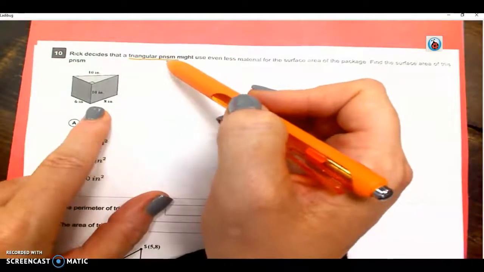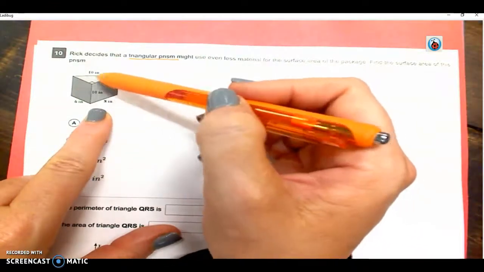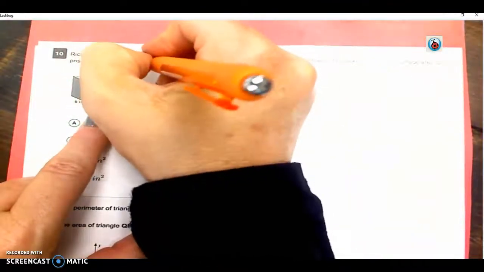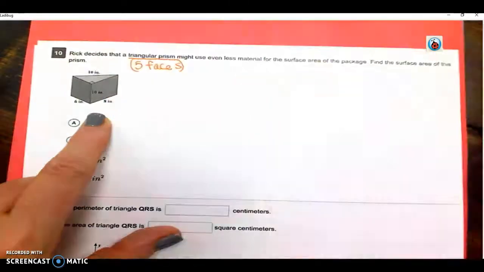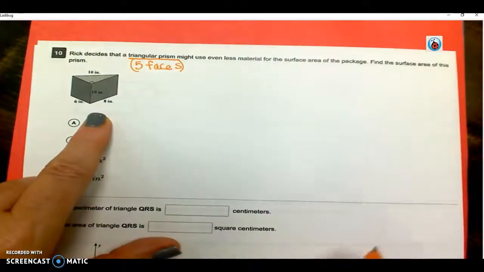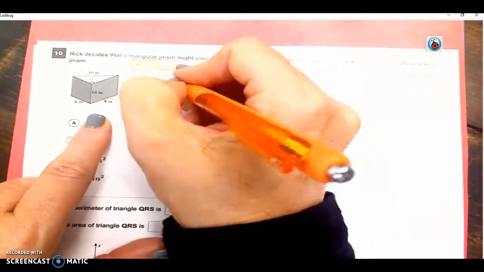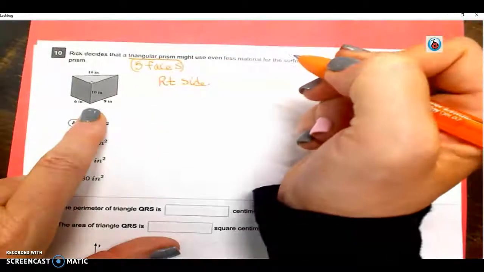Since it's a triangular prism, we know that it has 5 faces, 1, 2, 3, 4, and then the back. So we need to make sure that we have 5 numbers in the end to add together since it has 5 faces. Depending visually how a 3-dimensional figure looks to you will depend on what you call things.